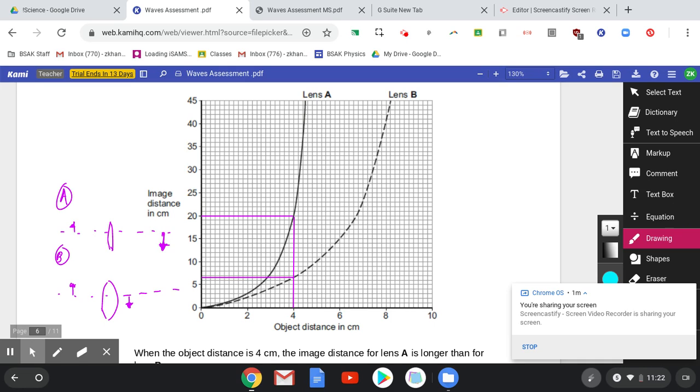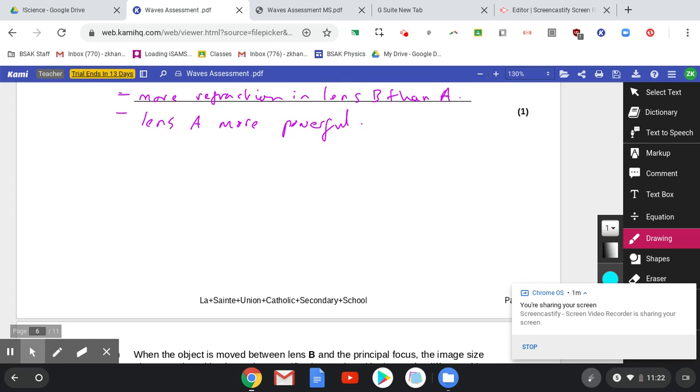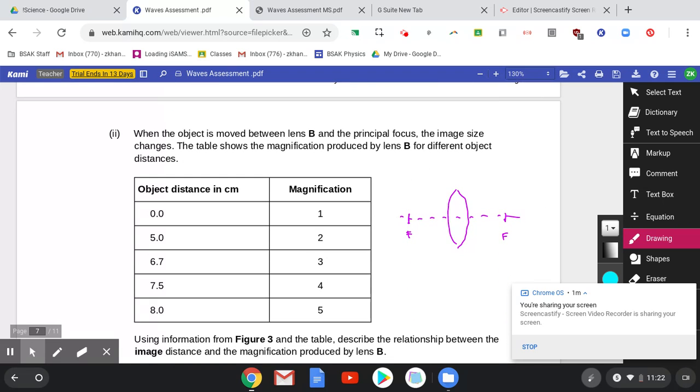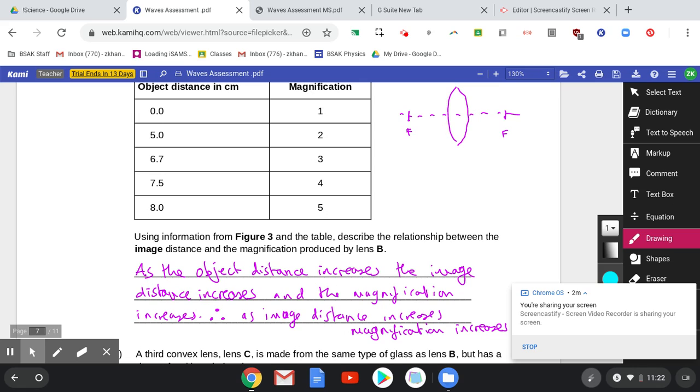We can pick any one of the lenses. It follows the same pattern. As the object distance increases, the image distance also increases. So we know that as object distance increases, the image distance increases, and the magnification also increases as a result.